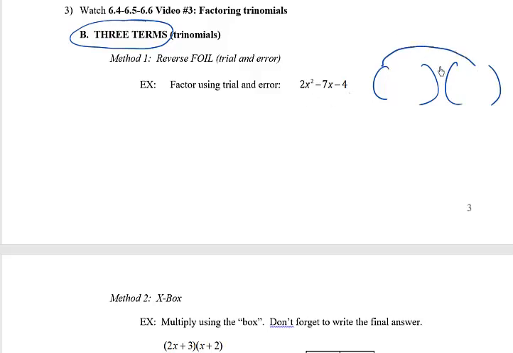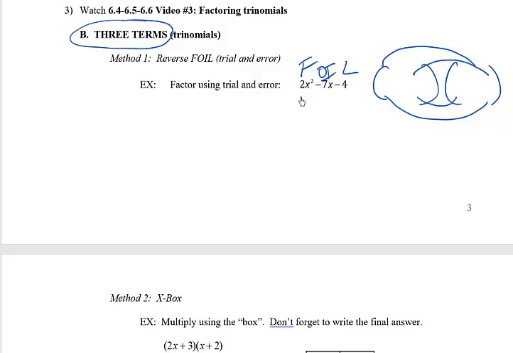The F part of the FOIL, the first part, always creates this front item. The outer and the inner guys, the OI part of the FOIL, always create this piece in the middle. And then the last terms multiplied always create this one at the end.